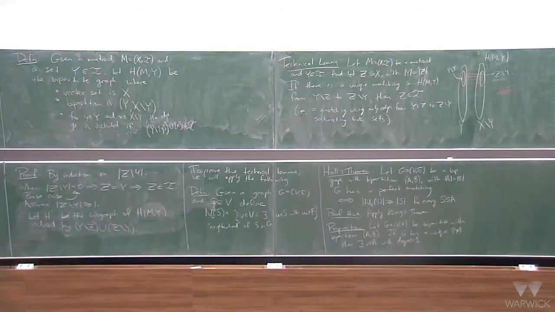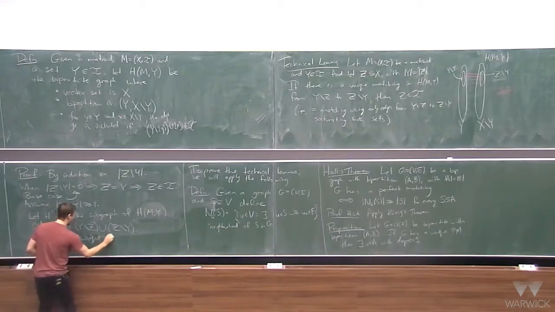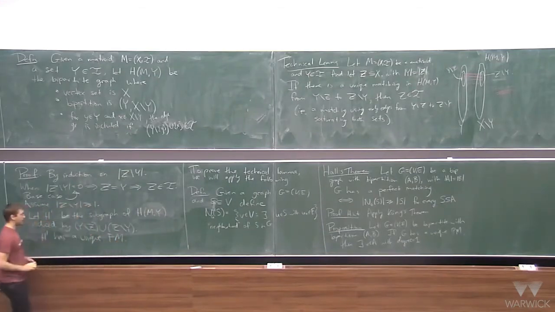So the fact that there's a unique matching from this set to this set is the same as saying that H prime has a unique perfect matching. This has a unique perfect matching by the assumption in the lemma. Right.